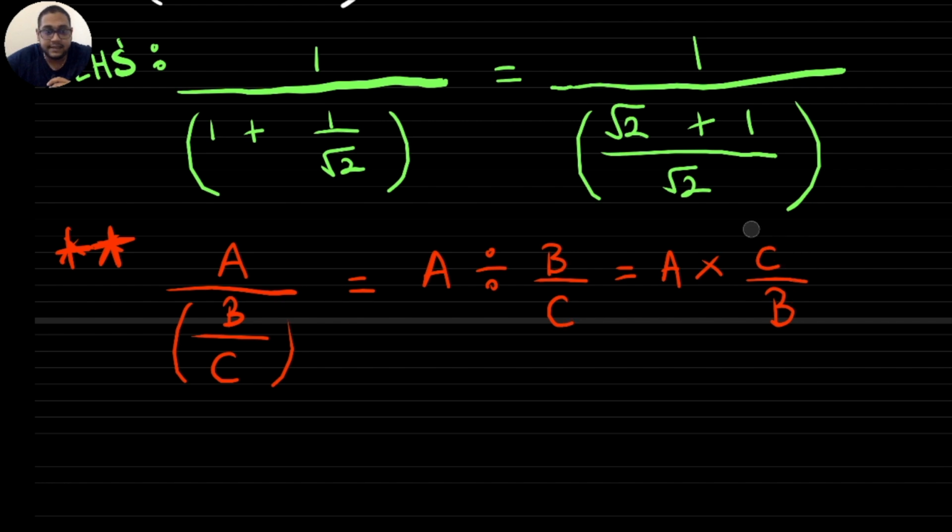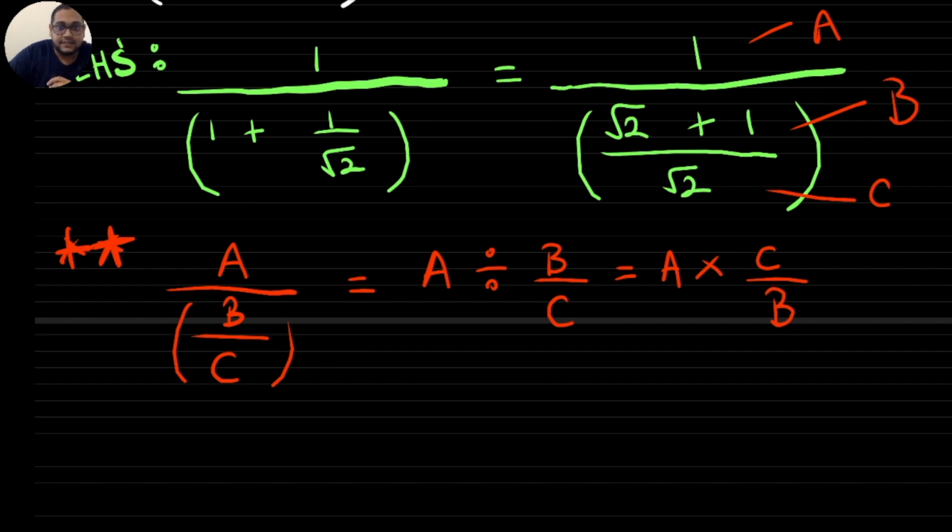I will apply this concept into this question now. You can understand that 1 would be a, and this term would be b, and root 2 would be c. So a over b over c would be equal to a multiplied by c over b.